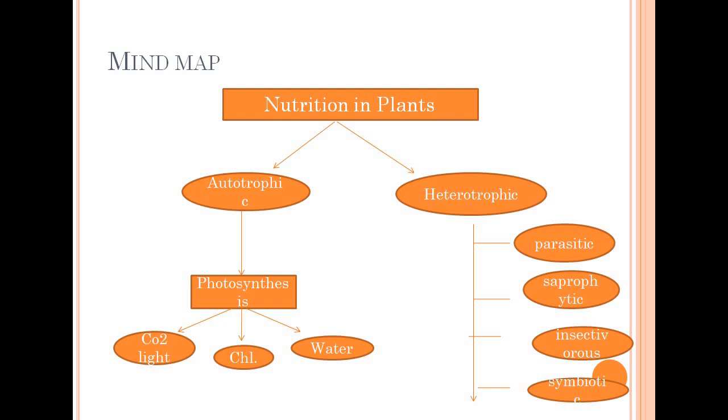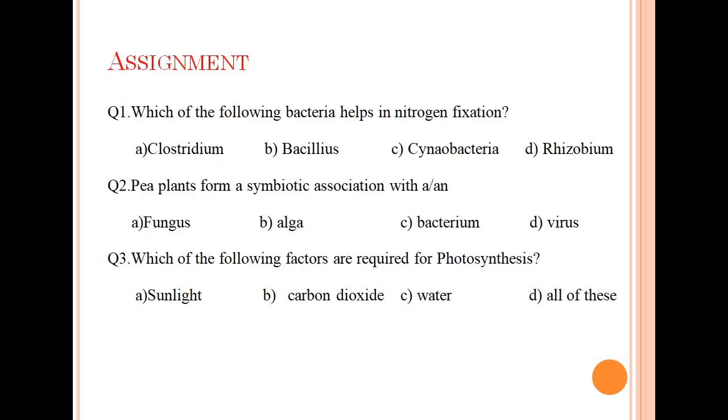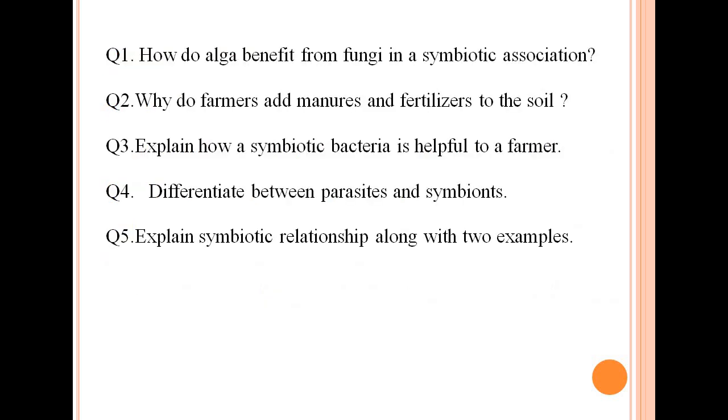The third is the insectivorous plant, for example pitcher plant, and the fourth is the symbiotic plant, for example lichens, or the association of rhizobium with leguminous plants like pea plants. Now I have given some questions based on the content that I have discussed in this slide. These are some assignments in which multiple choice questions, and some long and short answers, have been given.